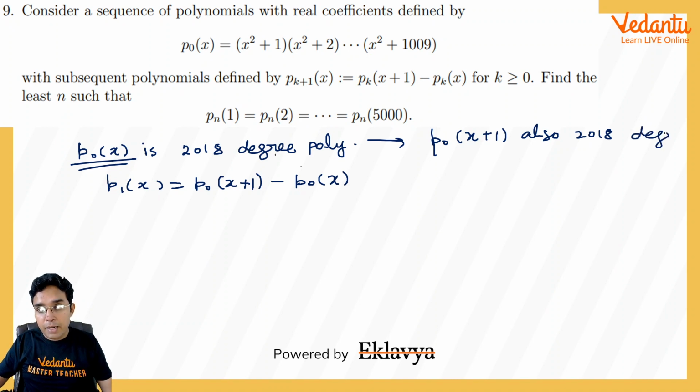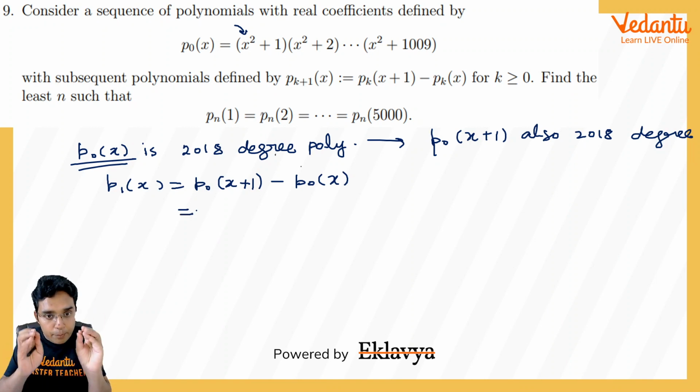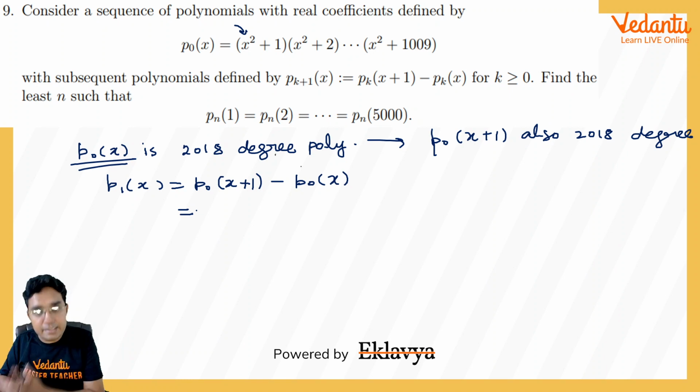But if you take the difference of these two, in p naught x plus 1, if I put x plus 1 in place of x, the leading coefficient will still remain 1 only, and that was 1 in p naught x also. So if you take the difference, the leading term will get cancelled. So this p1 x will be a polynomial of 1 degree lesser.